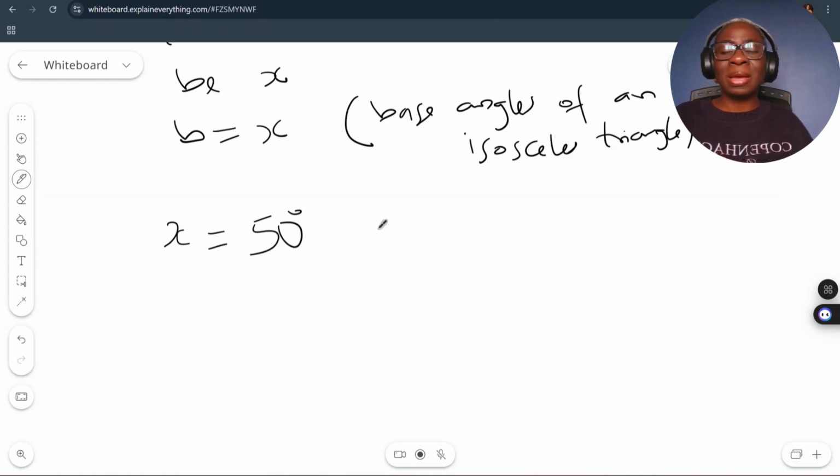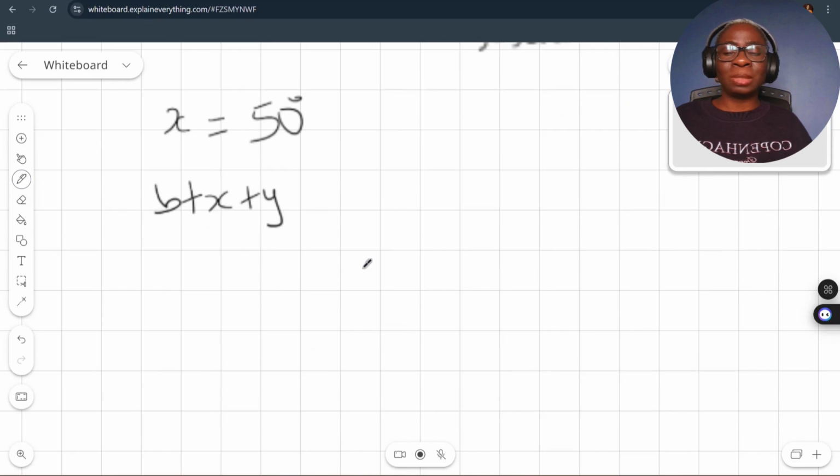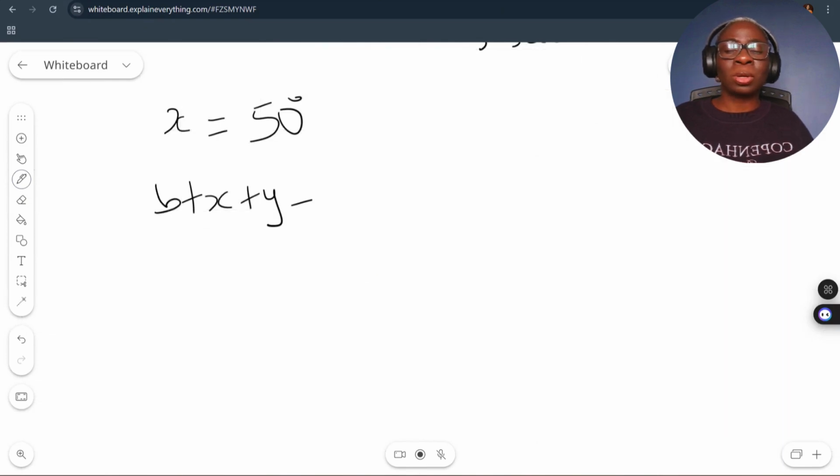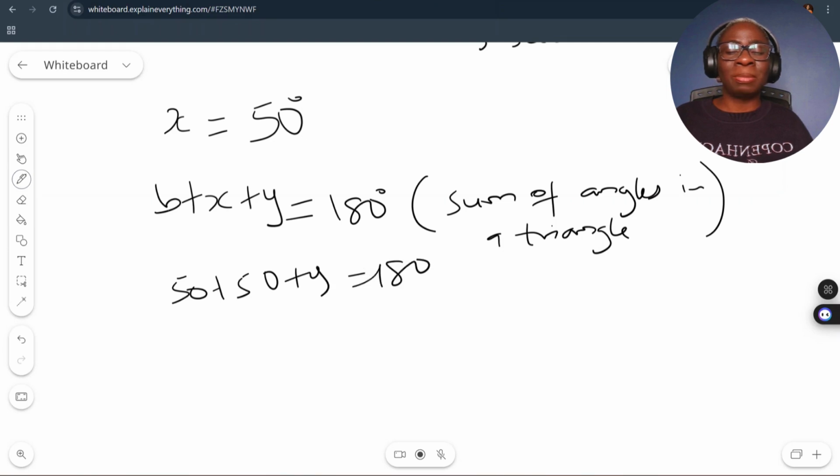Now we will also let this place be y. We will say B plus x plus y equals 180 degrees, sum of angles in a triangle, so that 50 plus 50 plus y equals 180. That means y is equal to 80 degrees.